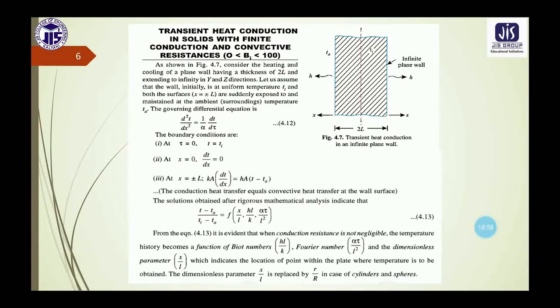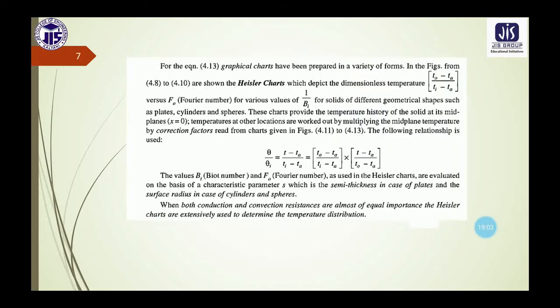Let us move to the next page. From equation 4.13 in the earlier page, graphical charts have been prepared in a variety of forms. So what are those graphical charts? These are known as the Heisler charts.